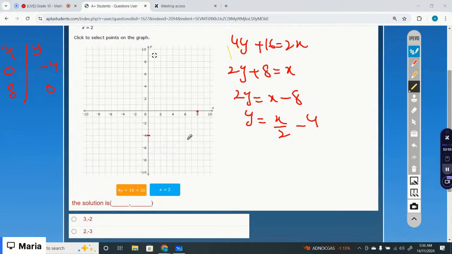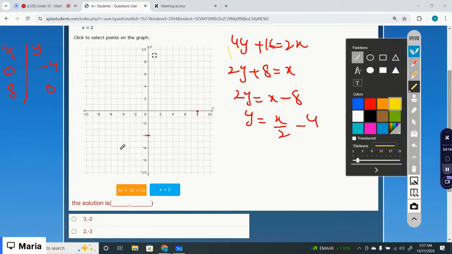So just join these points and make a line. Very difficult plotting line like this.